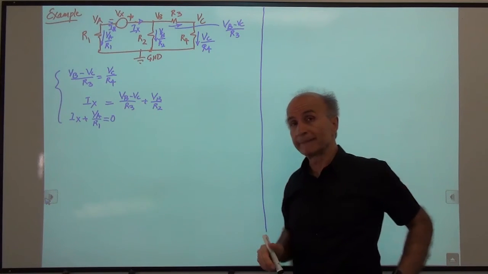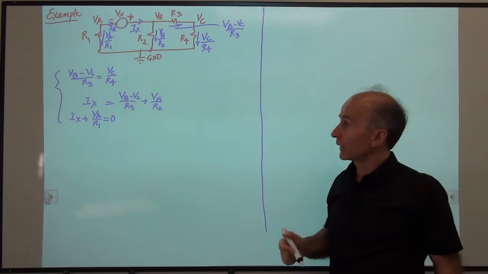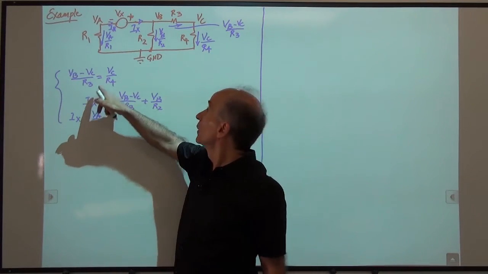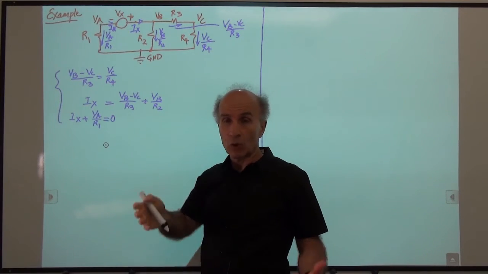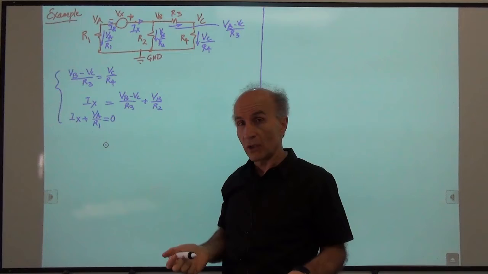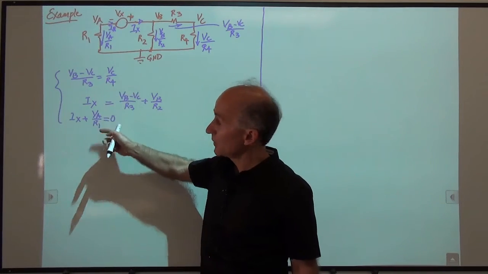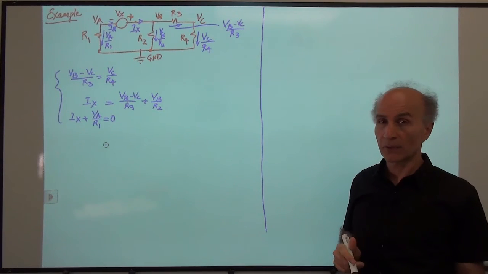So we have a problem, right? The problem arises because I introduced this IX, because there was no other way to find this current. This current doesn't come from Ohm's law, so it just has to be some unknown. So the difficulty here is that we have 3 equations and 4 unknowns. So we cannot solve the circuit yet.